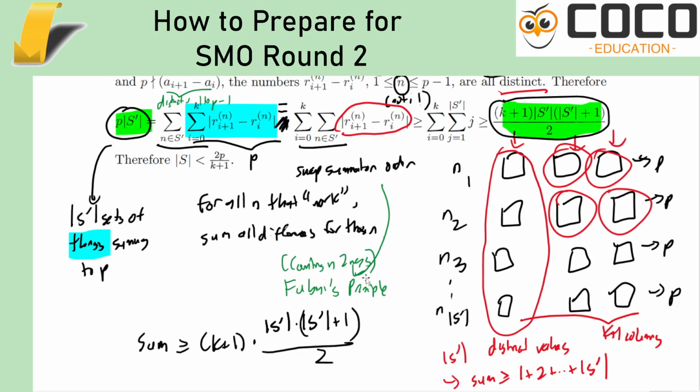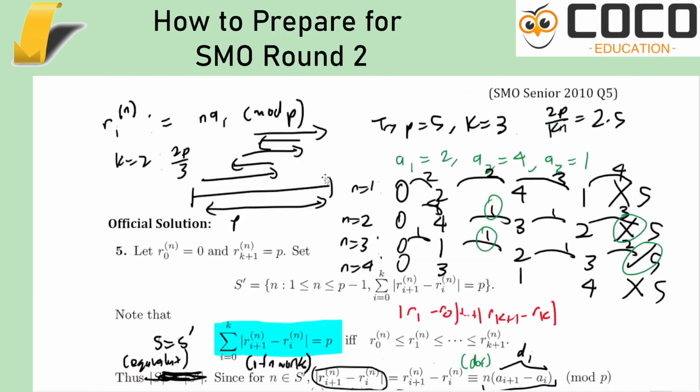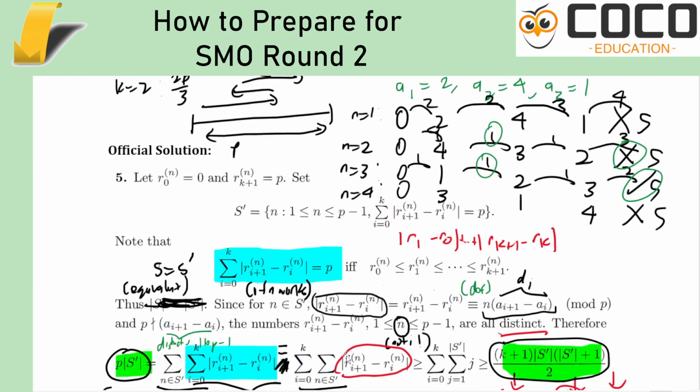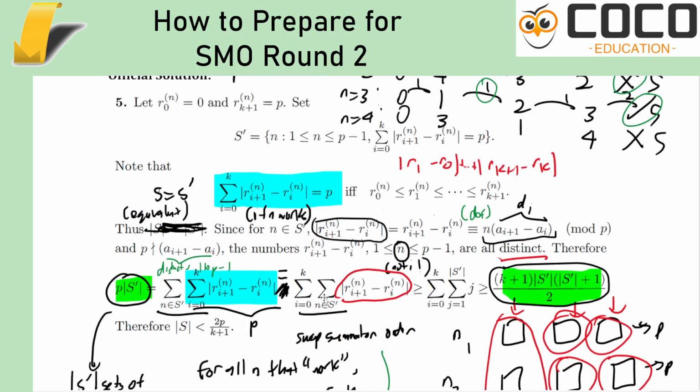And counting in two ways is a very reasonable way to try to bound something, and that is the reason why the question in the first place gave you the condition of things being sorted in order, but we chose to translate sorted in order to something that is of this sort.